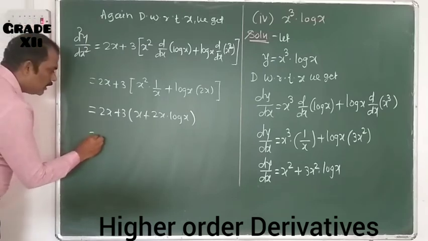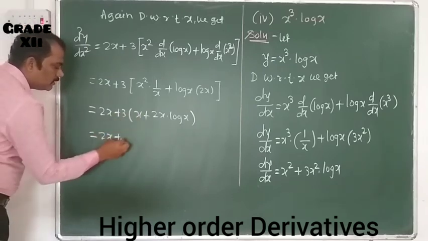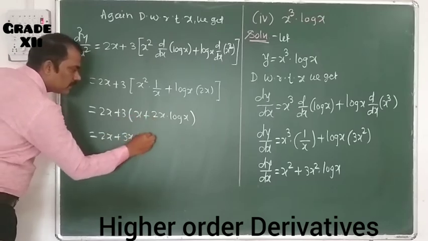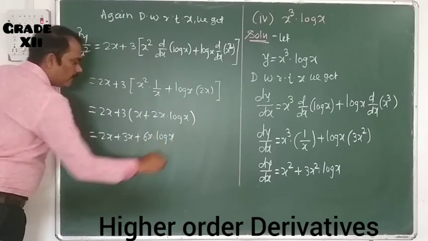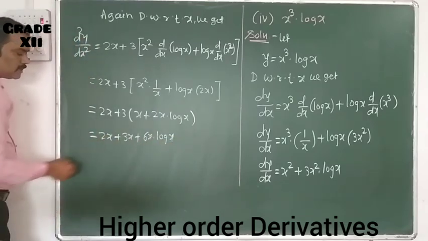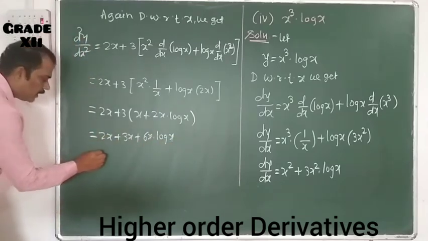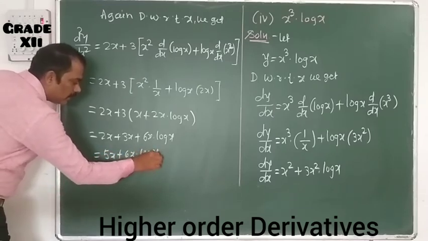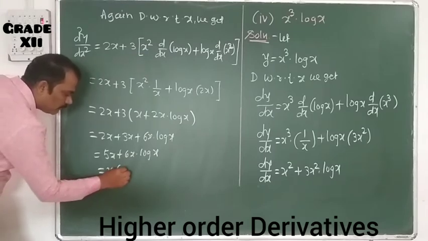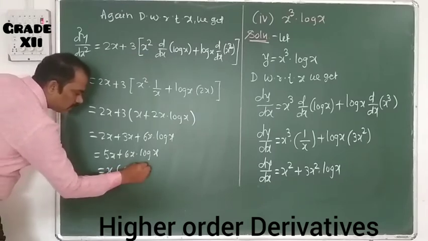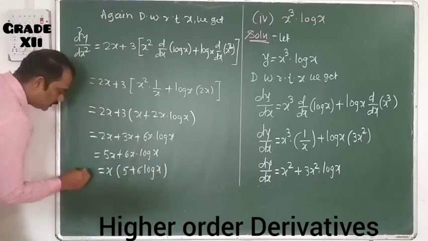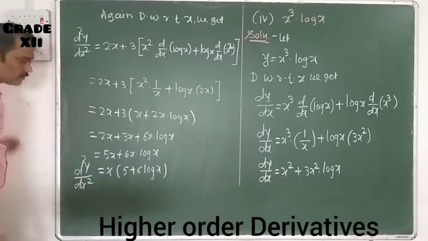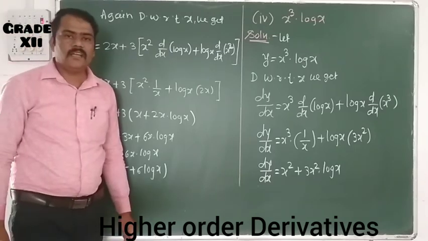So 2x plus 3 multiplied by 3 gives 3x, plus 3 into 2, that is 6x log of x. 2x plus 3x is the 5x, plus 6x into log of x. We take x common, so 5 plus 6 times log of x, which is d2y/dx square, the required answer.